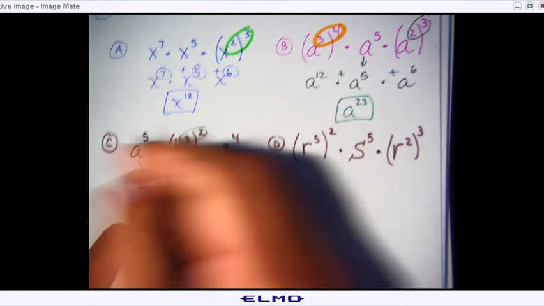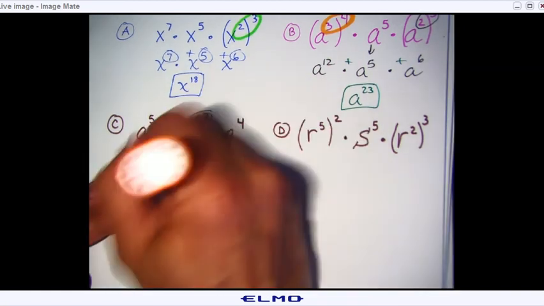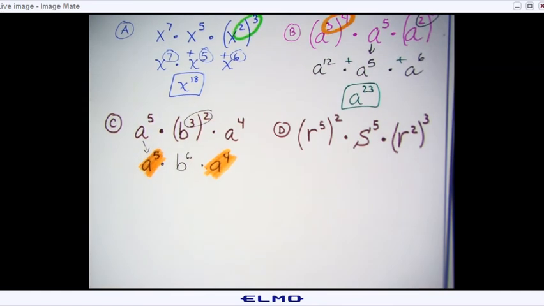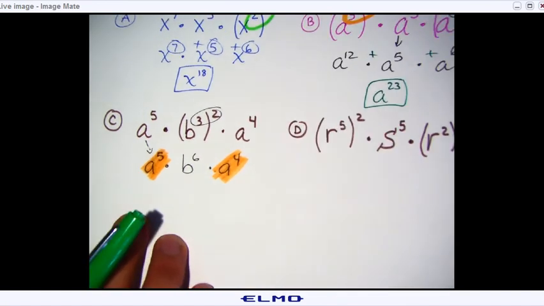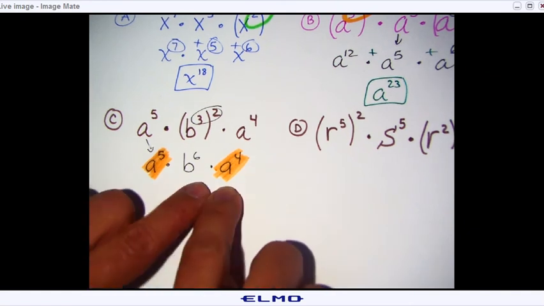Now, this is the tricky one because some of you will fall into that trap. A, B, you're going to put them together. So the A's with the A's, the B's with the B's. Let's do the A's. Aaron Graper, are you back? How many A's do I have? 5. And then the total?